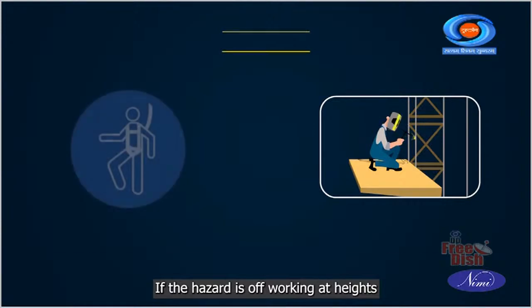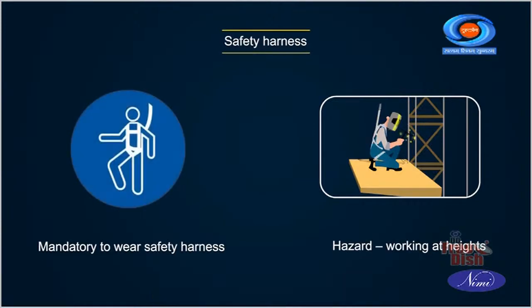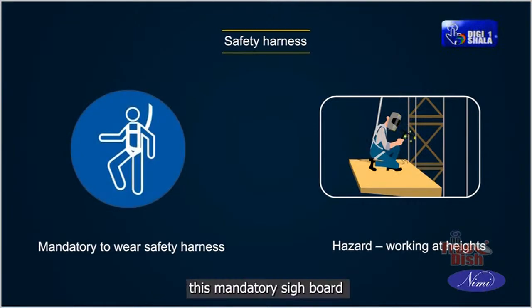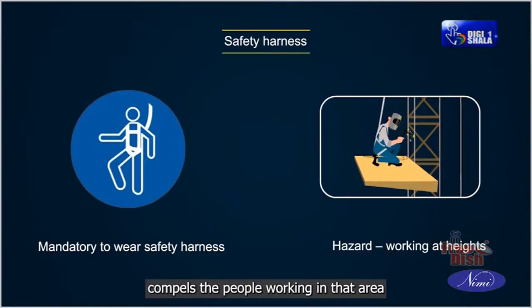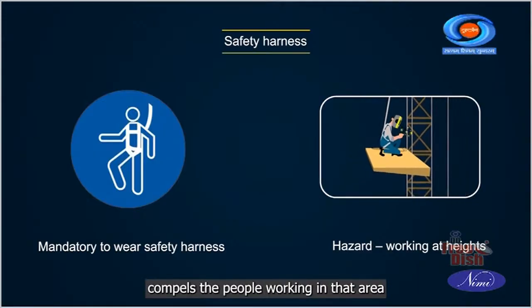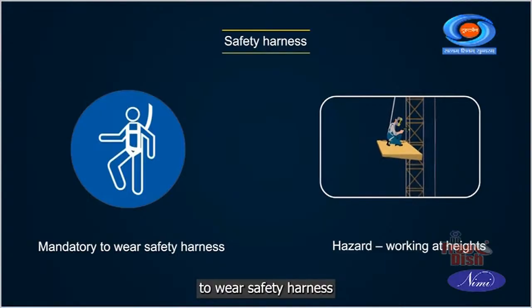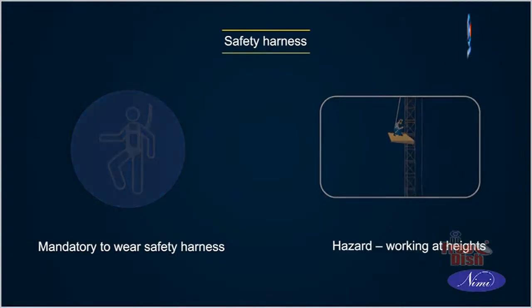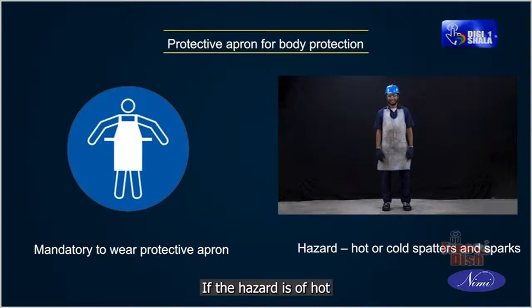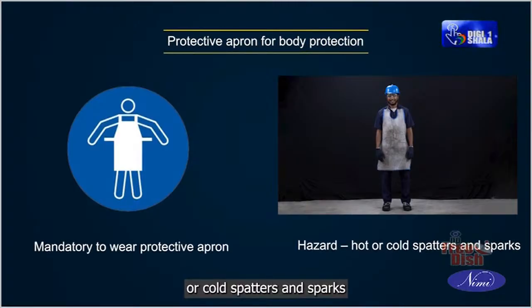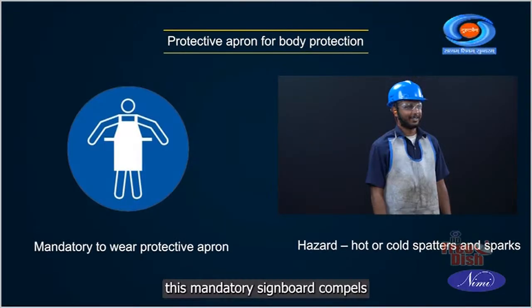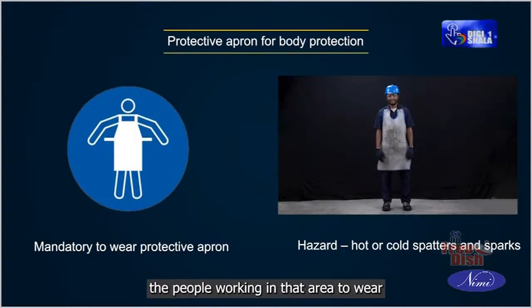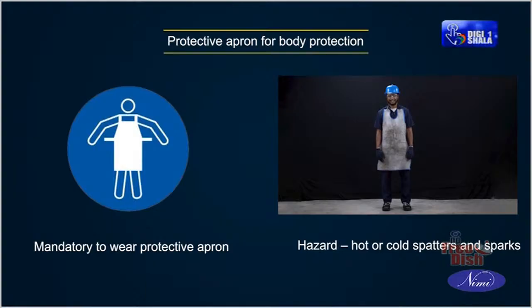If the hazard is of working at heights, this mandatory signboard compels the people working in that area to wear a safety harness. If the hazard is of hot or cold spatters and sparks, this mandatory signboard compels the people working in that area to wear a protective apron.